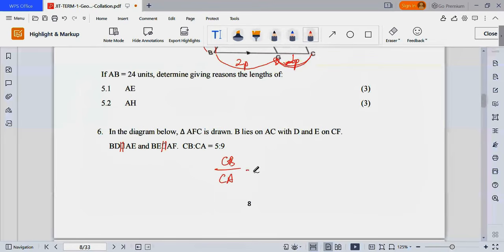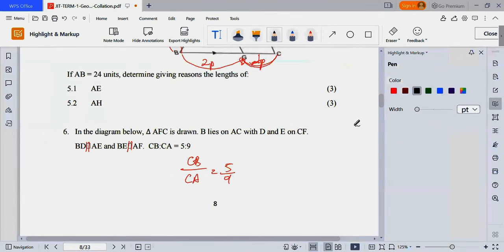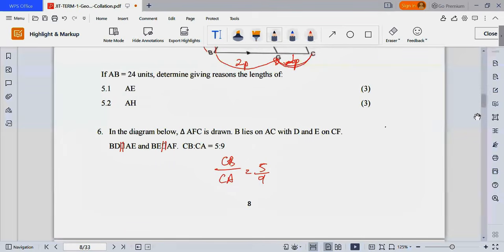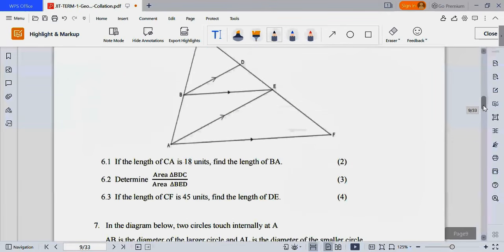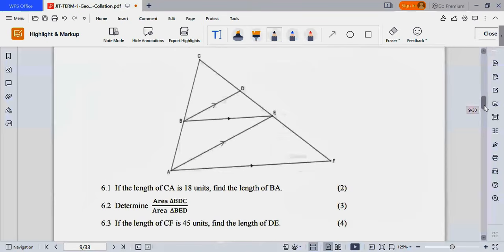CB over CA is 5/9. Okay. Then let's proceed. They say if the length of CA is 18 units. So we are given the whole length of CA is 18 units.